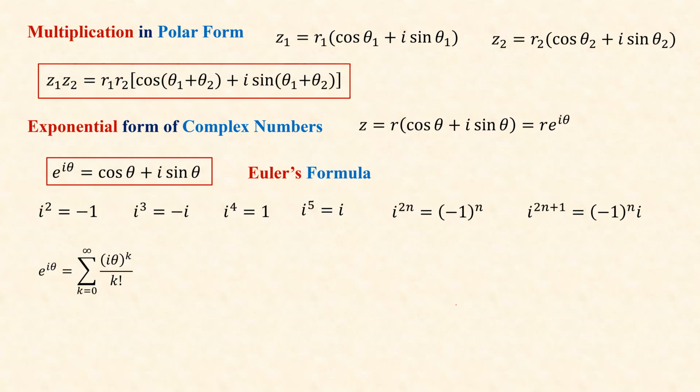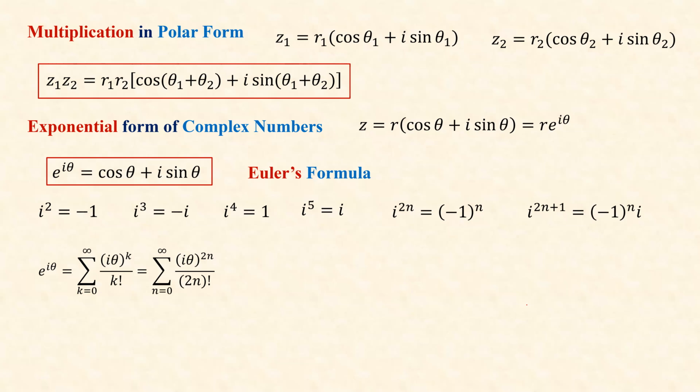Remember, e to the x is the sum of x to the k divided by k factorial. That's the Taylor expansion for e to the i theta. And then the numerator becomes i to the power k times theta to the power k, divided by k factorial.